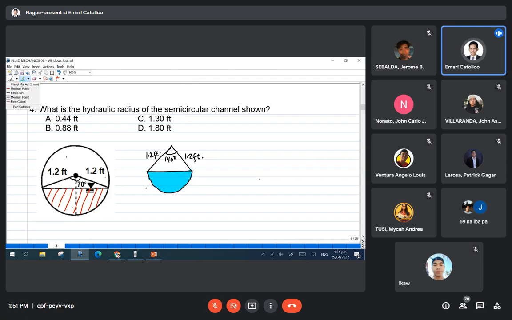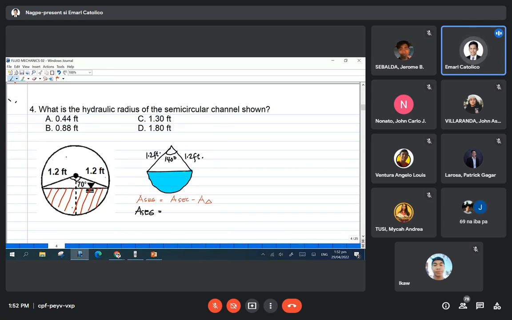So para makuha natin yung area ng ating segment, balik tayo ng solid geometry. Area ng segment is equals to area ng sector minus area ng triangle. Okay. So anong formula ng area ng segment?